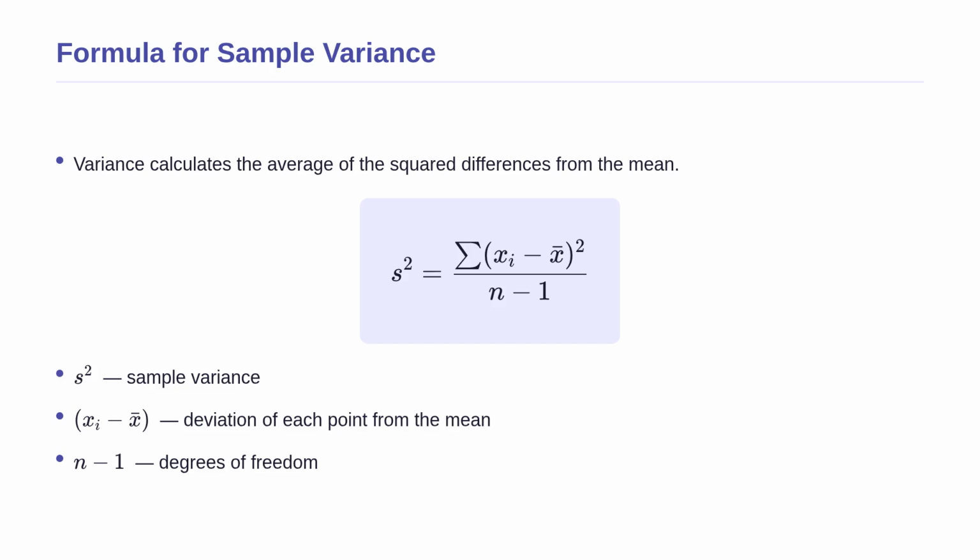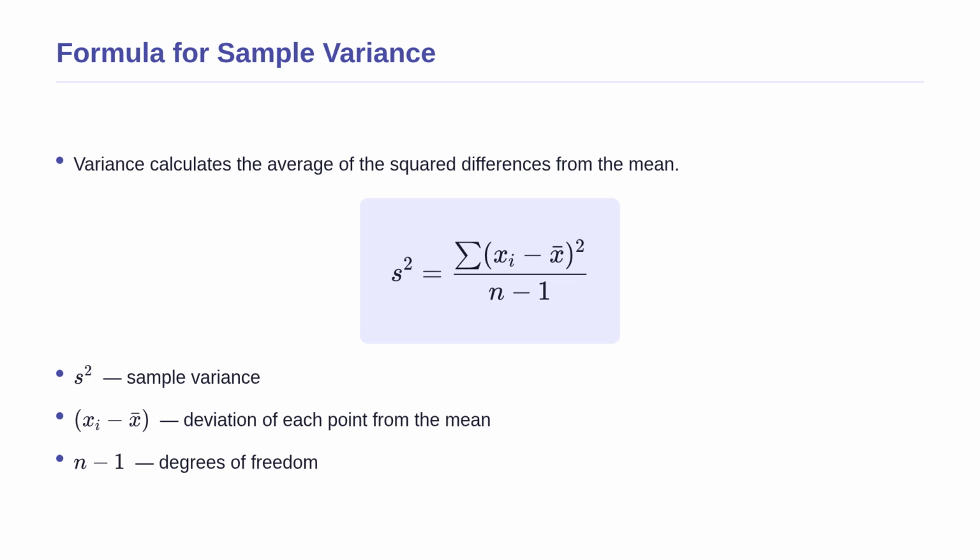To quantify this spread, we use a metric called variance. The formula is S squared equals the sum of xi minus x bar squared, all divided by n minus 1. Here, S squared represents the sample variance. Inside the parentheses, we calculate how far each individual data point deviates from the mean.